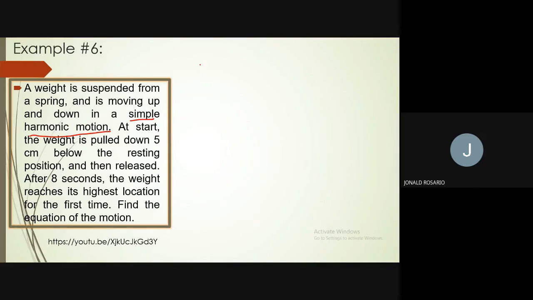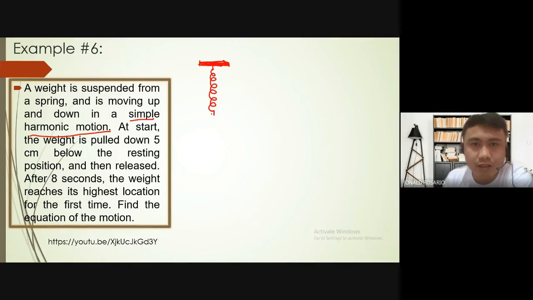So, suppose meron tayo ditong spring, no? Na nakadikit sa isang, sabihin na nating, suspension, nandito siya. And ito yung ating spring. Mayroong isang weight dito. Itsura na lang niya siguro ay isang box.